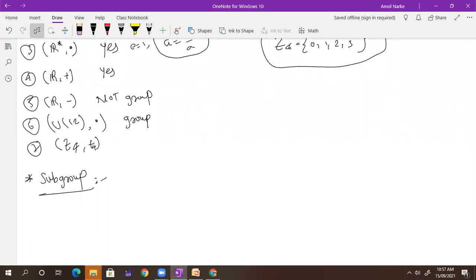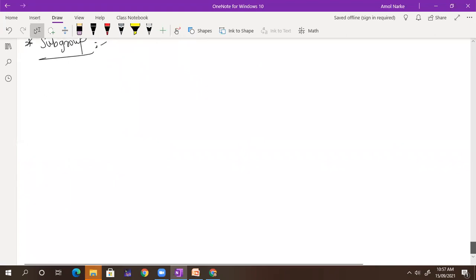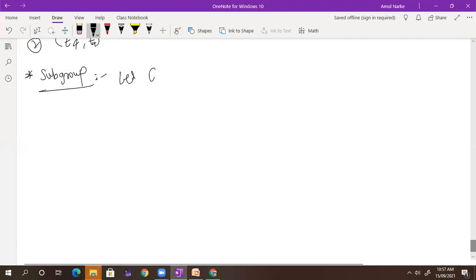Can someone tell me the definition of a subgroup? What do you think the definition of a subgroup will be? Okay, so let's write down the definition first, then we will think. Subgroup. Let G be a group. When I say G is a group, it means G satisfies all four conditions.